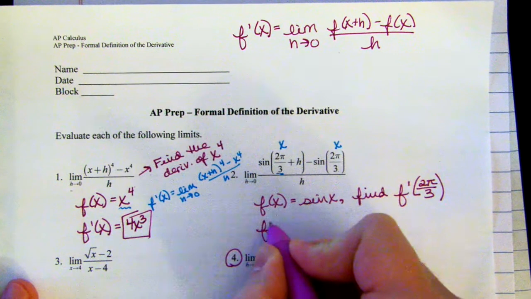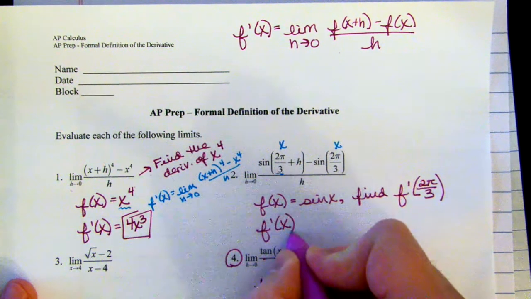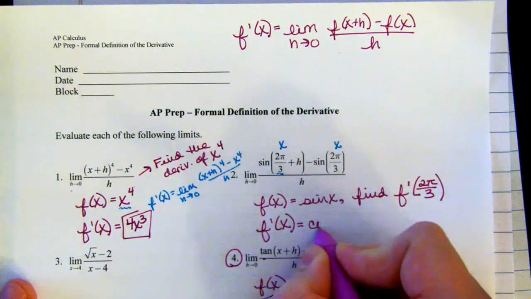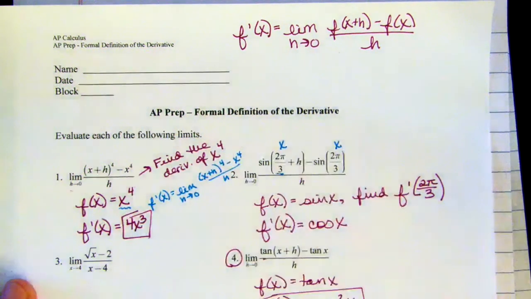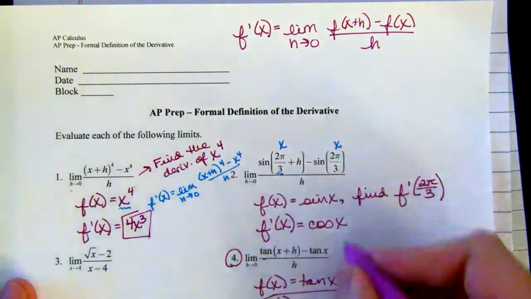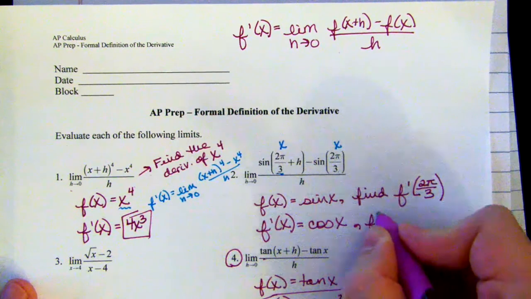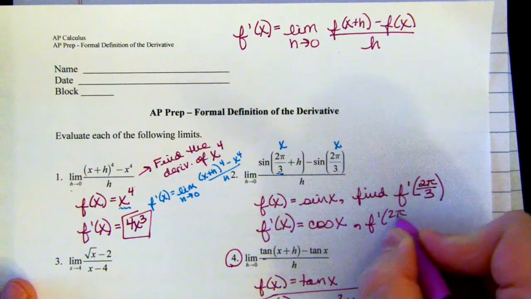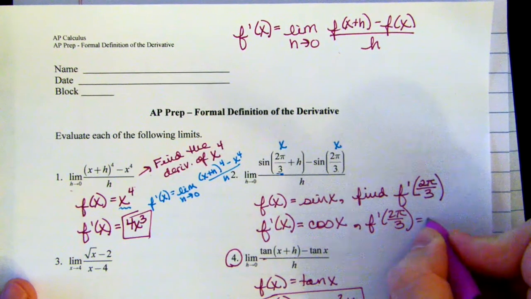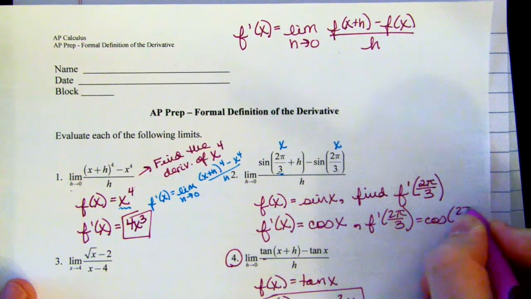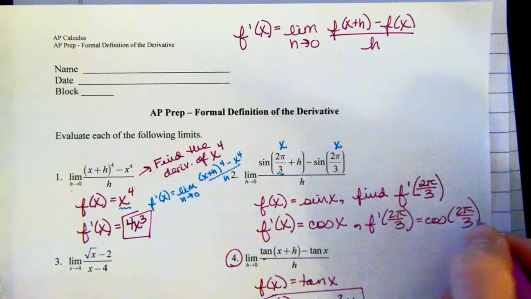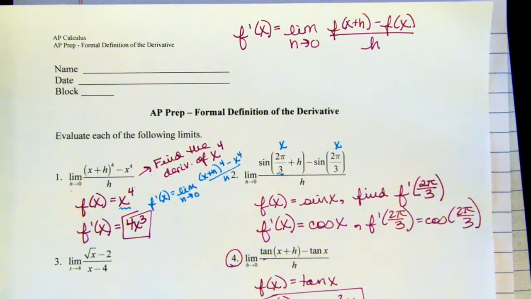The derivative of the sine of x, you should know, is the cosine of x. If I want to find the derivative at 2 pi over 3, that means go find the cosine of 2 pi over 3. What are you going to get out of that?